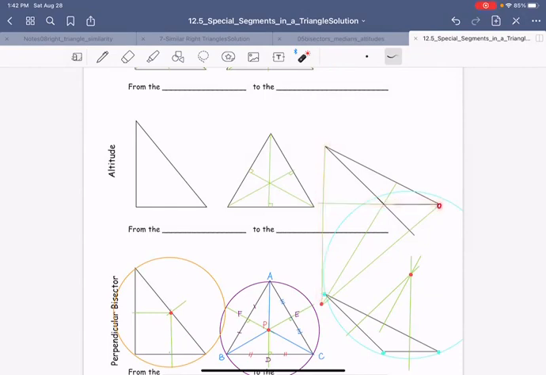Same thing for here. If you want to draw from this vertex perpendicular to this line, you have to extend this triangle in this direction, and then you draw it. These three altitudes meet at the same point at this location. Okay? Everybody finish drawing this? Have you finished? Almost. Okay.